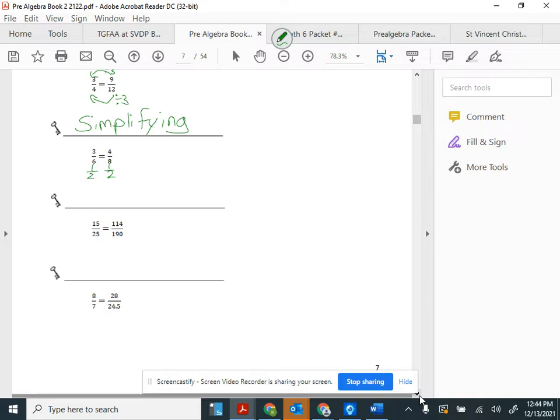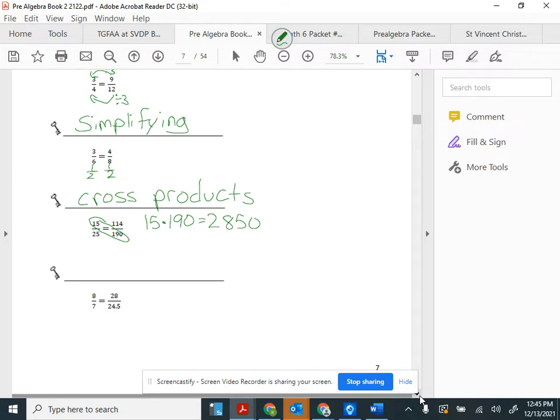The next one, we're going to use cross products. So if we multiply 15 times 190, we get 2,850.